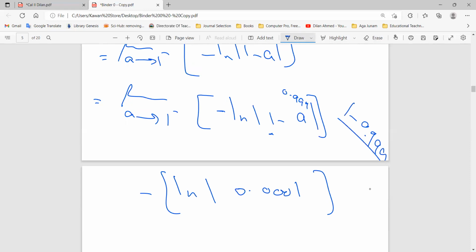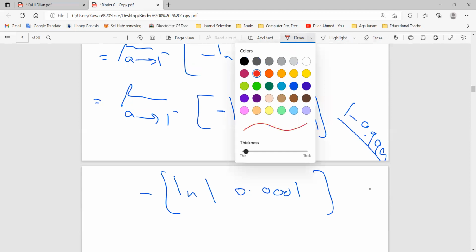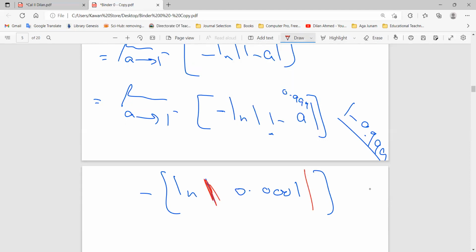This is just for getting the value, just for imagination. It's not real, you cannot write it like that, but in your imagination it's good to get the result. So ln of 0.001 is equal to what?